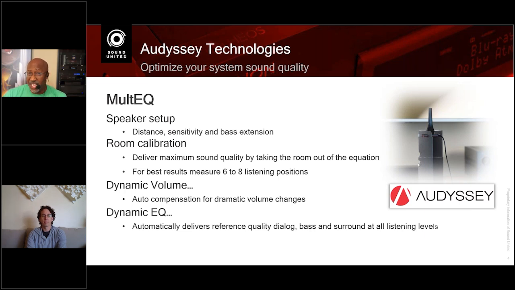Now, you could try to do this by ear, but the human ear is not sensitive enough for you to level 11 speakers, because plus or minus 3 dB is what you could probably hear. So by the time you go from the left speaker to the center and then the right, you could be off 6 dB across the room. Trying to do 11 speakers is going to be hard. So of course it does all the level checking and stuff like that.